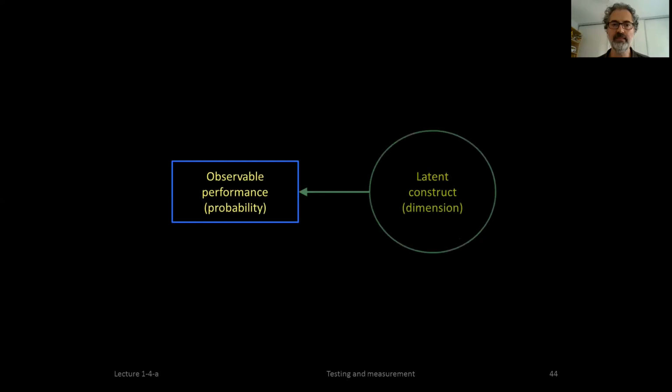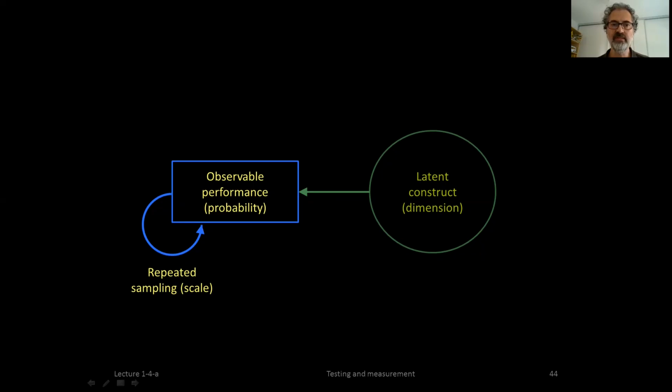So this is the latent construct we're interested in for any kind of assessment test. And this is the observable performance that we can actually see and gives us a score on the test. We use multiple items in order to have a better estimate of performance and in order to span the range of skill that our assessment instrument is meant to discriminate.